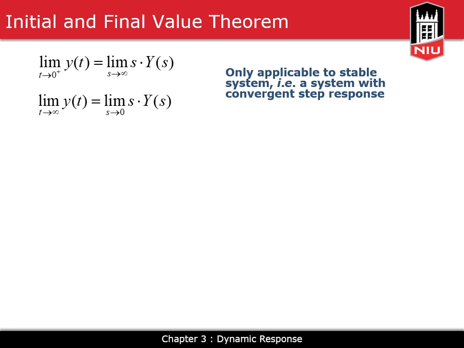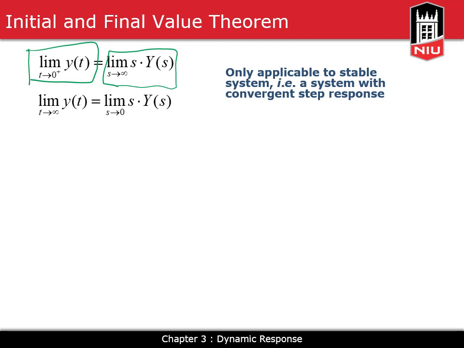Initial value theorem says that the initial value of a function y of t, that means when t approaches 0, is equal to s times y of s when s approaches infinity, this term here. How is this useful?